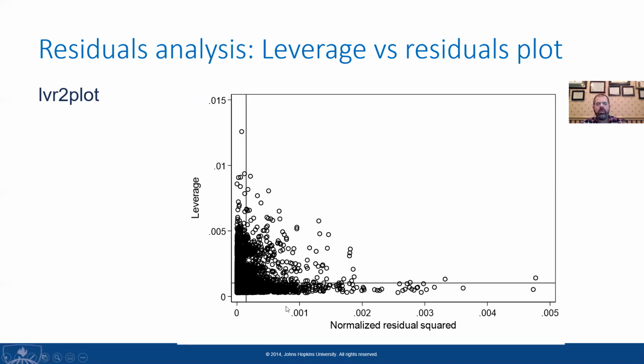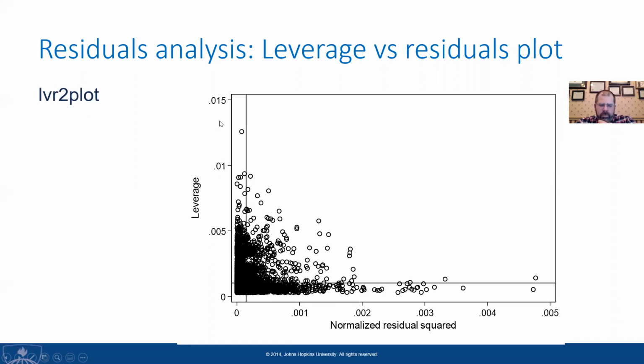What this shows is, on the x-axis, the normalized residuals squared. Higher residuals indicate a greater residual, so there are potentially values with a large deviation from the model fit line. On the y-axis is leverage.